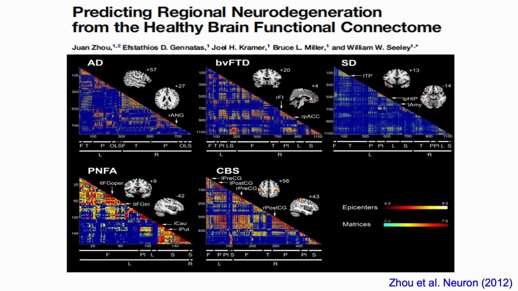In another study, Helen Zhuo asked the question whether one could show differences not only between healthy control and Alzheimer's, but show differences between different kinds of neurodegenerative disorders.